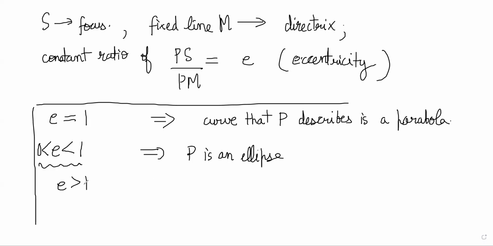If E is greater than 1, P is a hyperbola. If E is equal to 0, then P describes a circle.